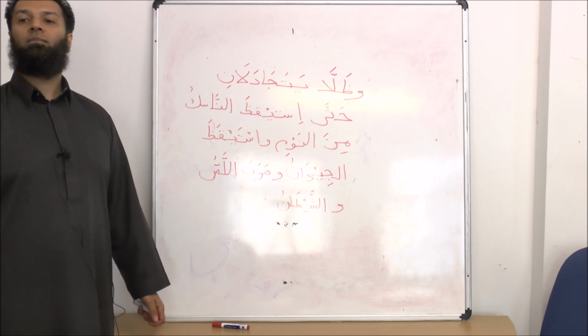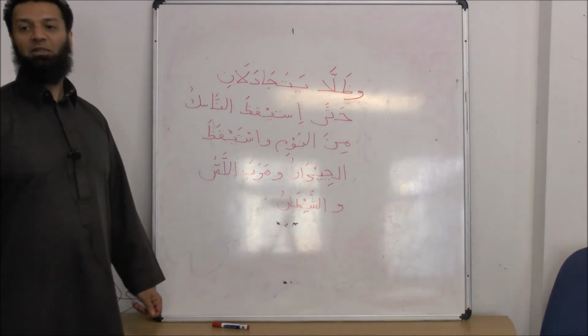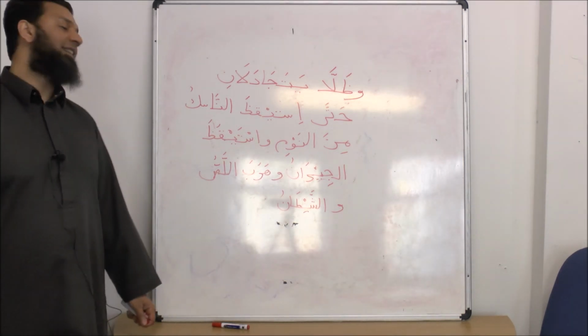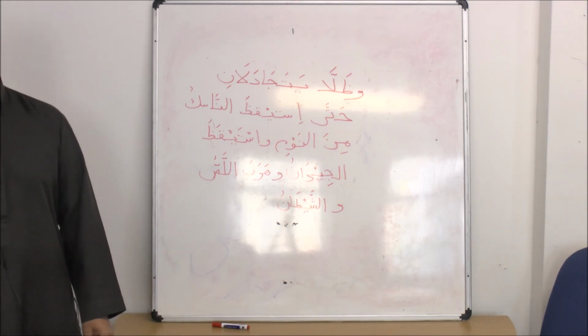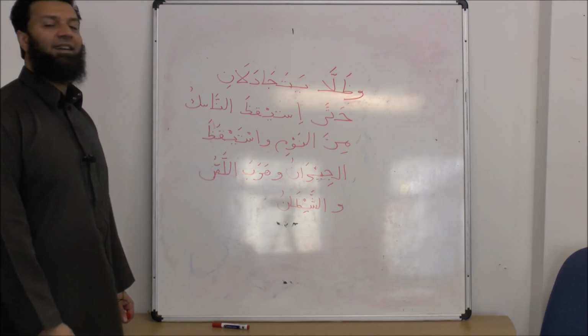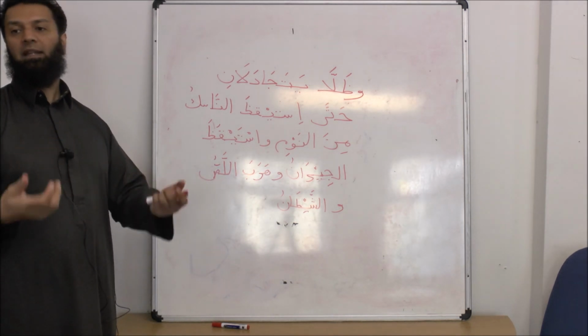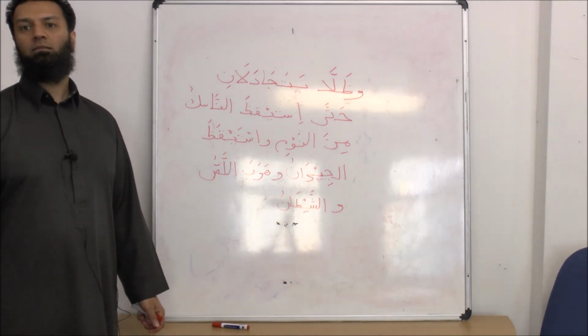So how can I say I'm able to play cricket? You're able to play cricket, or you're not able to play cricket. أنا أتمكن من لعبة cricket, meaning playing cricket.